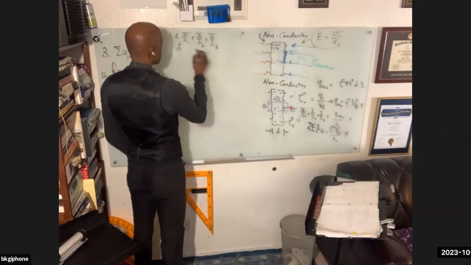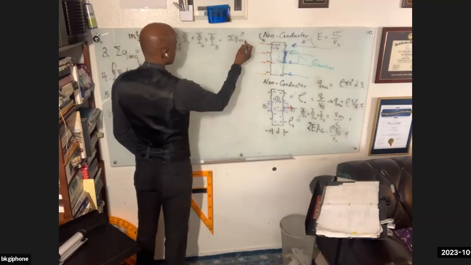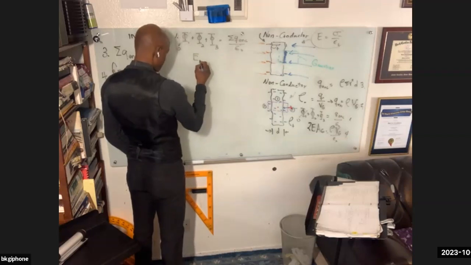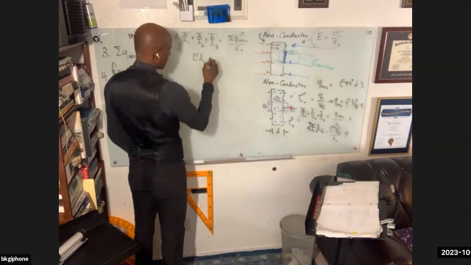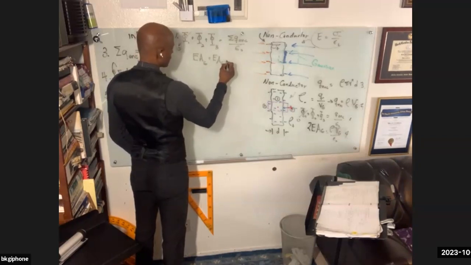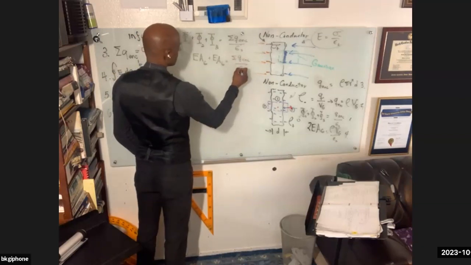That one is 0. And from each of these we get EA Gaussian plus EA Gaussian equals charge enclosed divided by epsilon naught.